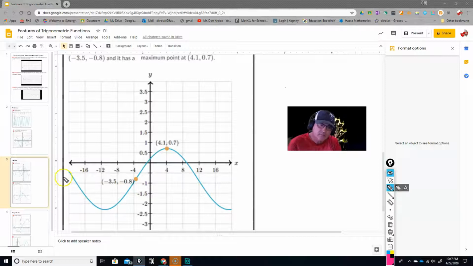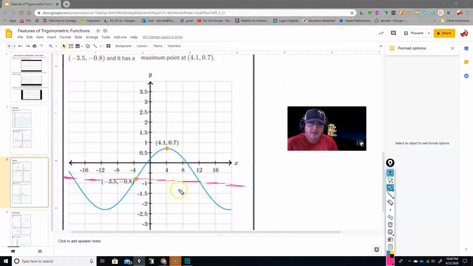So our midline runs right through here. All right, so I can't find two high points. There's not enough of the graph shown. I can almost get two low points, but I don't know what the coordinates are at either one of those two places.